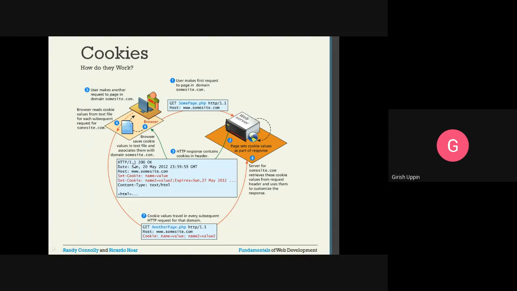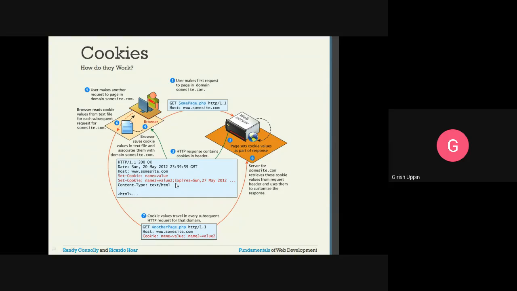HTTP has other information like a date, protocol version, and status of the HTTP request. Then host information is there, and some other information. Apart from that, you can see this information: Set-Cookie name equal to value, Set-Cookie name2 equal to value2, and it has an expiry.